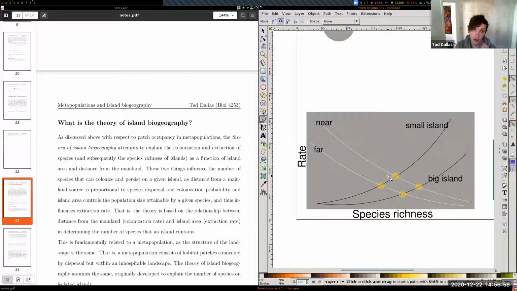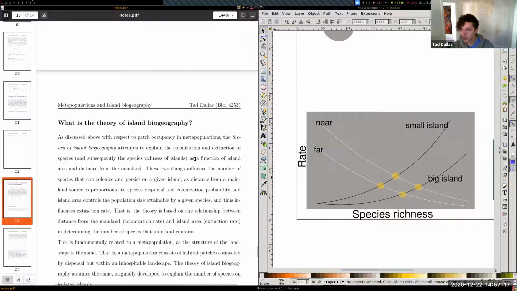Sorry, I kept saying colonization; it's typically considered to be immigration. And so this is that classic idea: it's the balance between extinction rate and immigration rate that determines equilibrial species richness on an island.